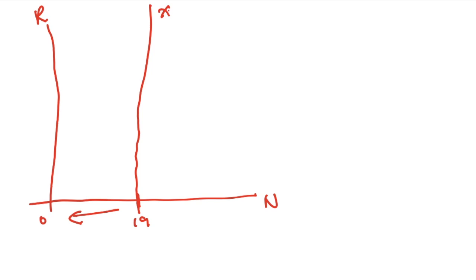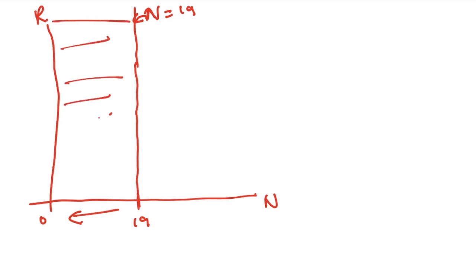This is not very straight anyway. So this one is n equal to 19 on this line. If n is less than 19, it is here. This one is n less than or equal to 19.